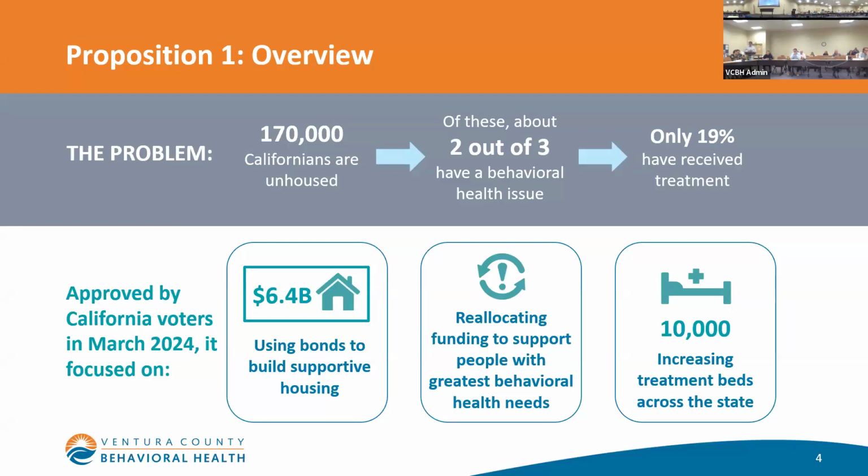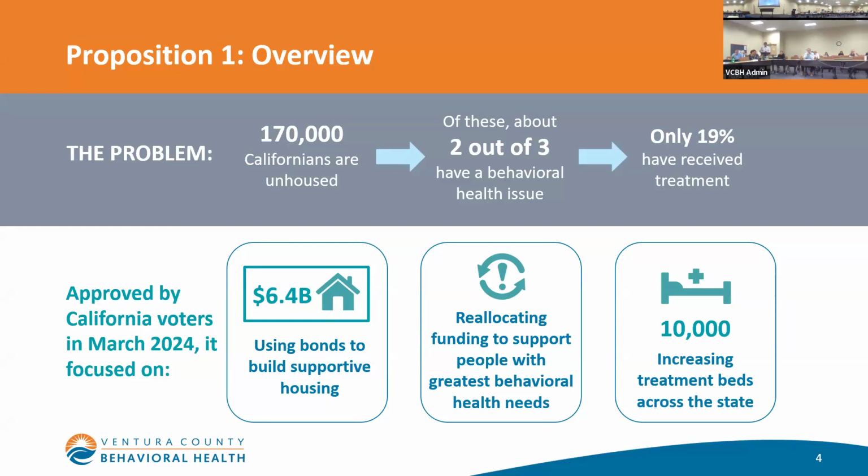So Proposition 1 passed in March of 2024, and it needed to change a prior proposition passed in 2004, which Courtney had mentioned, known as the Mental Health Services Act, or MHSA, which placed a tax on incomes over $1 million to create a dedicated source of funding for community mental health services.